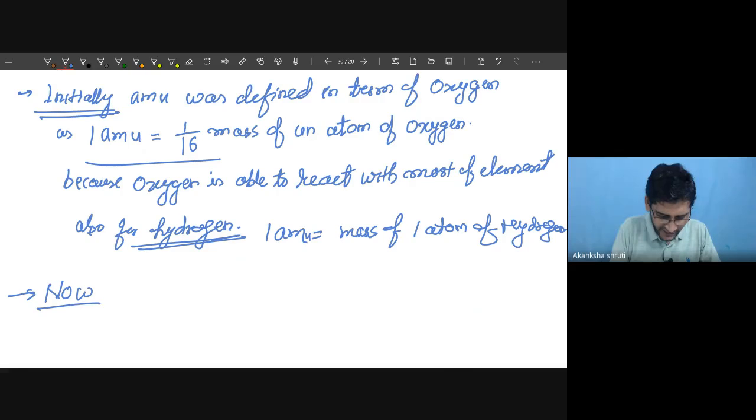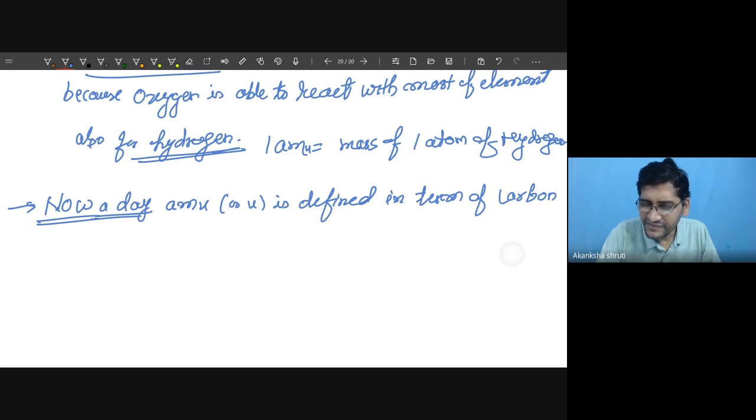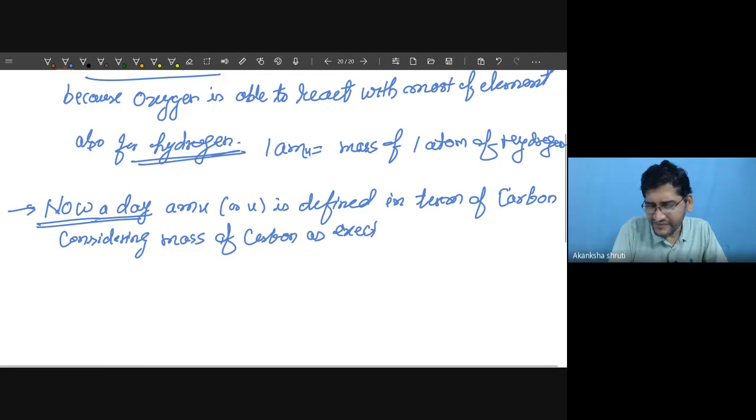Nowadays, AMU, or simply U, is defined in terms of carbon, not oxygen, considering the mass of carbon, meaning the atomic mass of carbon, as exactly 12.